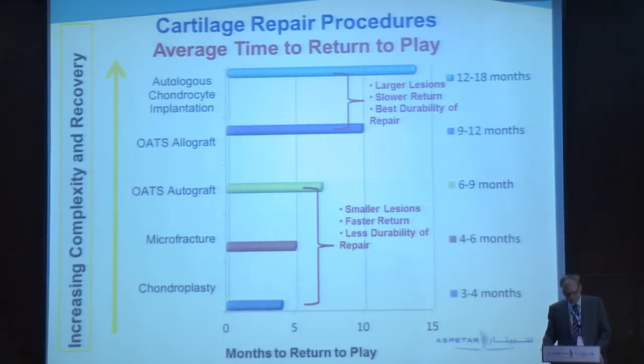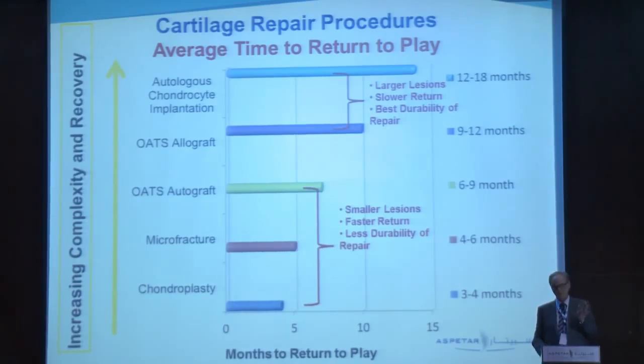So now if we look at the timeline for return to play, again we see that increasing complexity is up at the top. That means more patient involvement, more difficult for the surgeon. The easiest options are on the bottom, chondroplasty, microfracture, and then oats autograft, oats allograft, and see how the time changes to return.